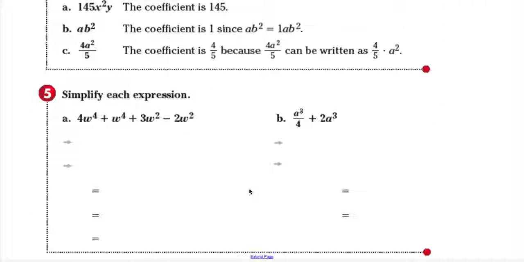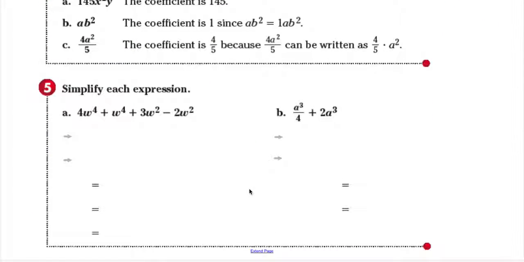Example number 5, simplify each expression. You have 4w to the fourth plus w to the fourth plus 3w squared minus 2w squared. Remember that w to the fourth is the same as 1w to the fourth, therefore it has a coefficient of 1.